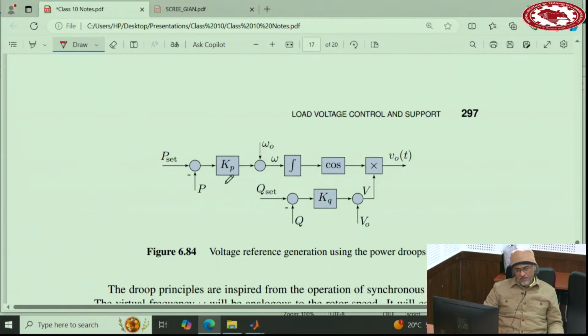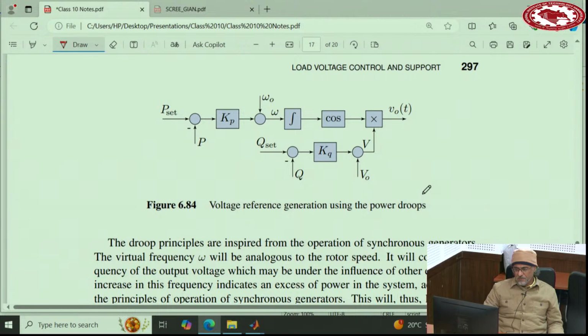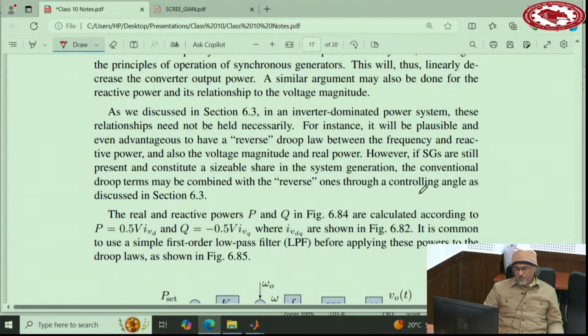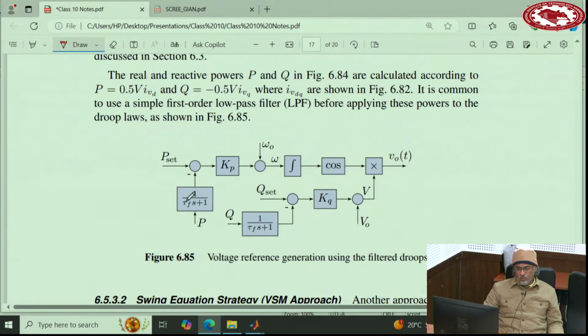So that's the way to implement it: P set minus P, times Kp, plus omega 0. It is also very common to put two low-pass filters for the real power and reactive power. Remember, these are physical quantities. You take measurements of the voltage and current, and these are sinusoidal waveforms.